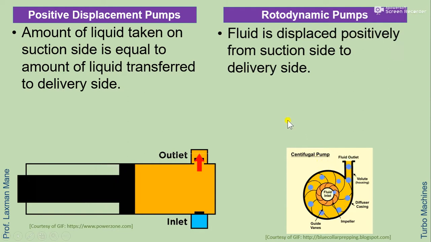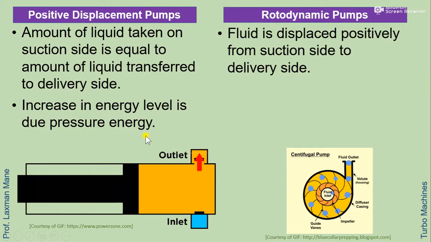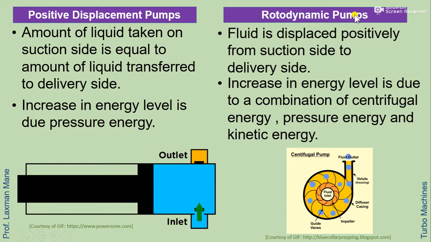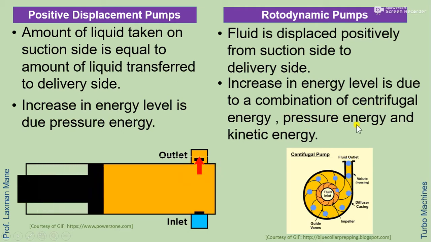In this case, fluid is displaced positively from suction side to delivery side. In case of positive displacement pumps, increase in energy level is due to pressure energy only, while in case of rotodynamic pumps, increase in energy level is due to a combination of centrifugal energy, pressure energy and kinetic energy.